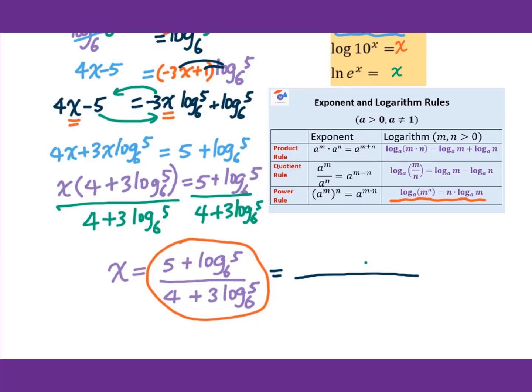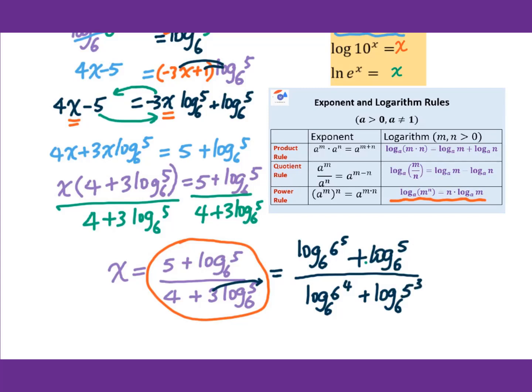For this 5, we can do log base 6 to the 5th power plus log base 6 of 5. For 4, I will do log base 6 to the 4th power, then plus the 3 jump as an exponent. So we got log base 6 of 5 to the 3rd power.